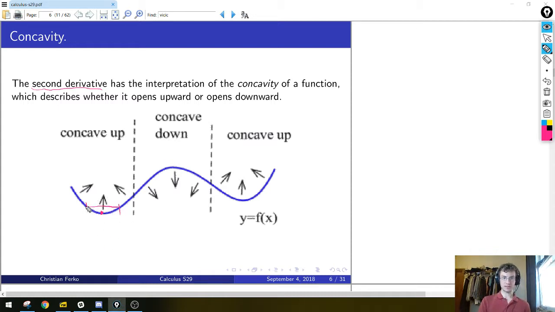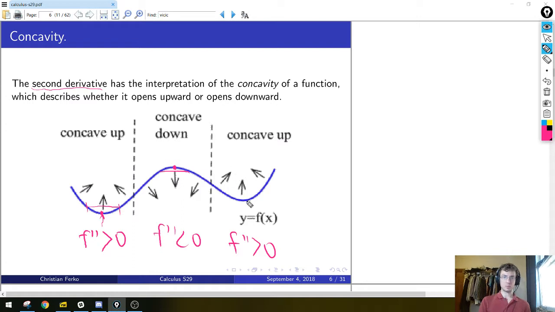For a parabola that opens up, the average of the function at nearby points minus its value in the middle is positive, so the second derivative, f double prime, is positive. Similarly, if it's downward opening, the average value minus the value at the middle is negative, so the second derivative is negative. Here the second derivative is back to being positive.